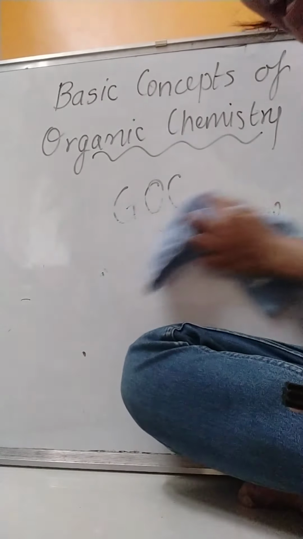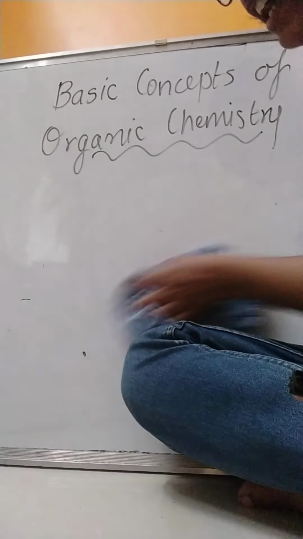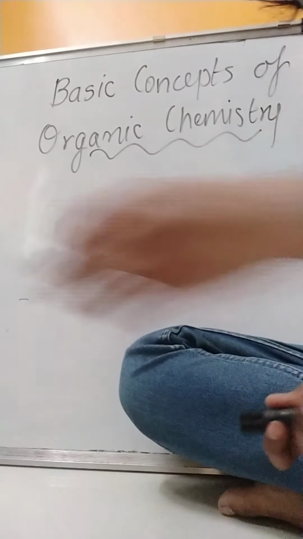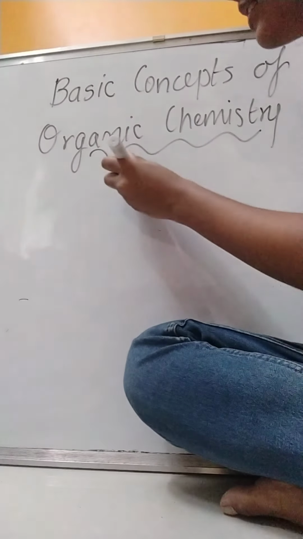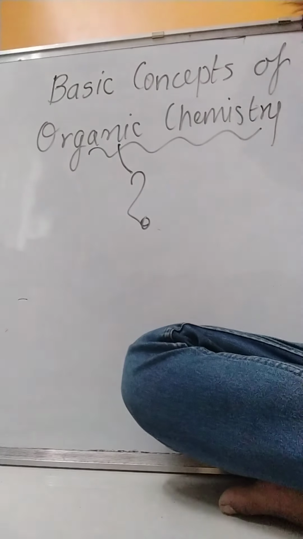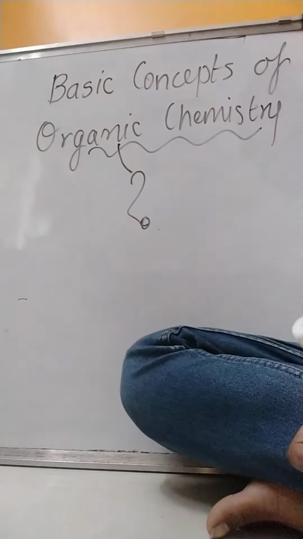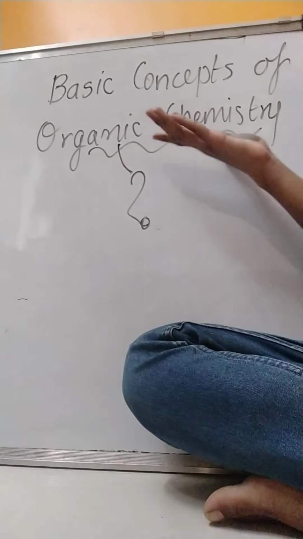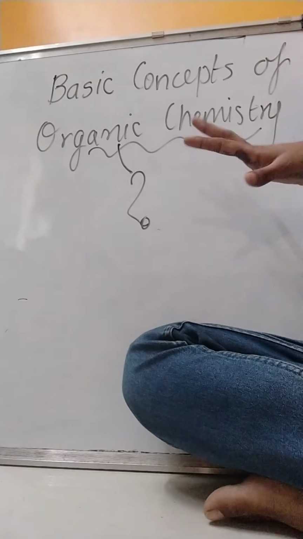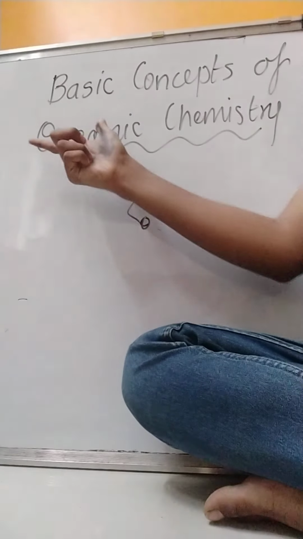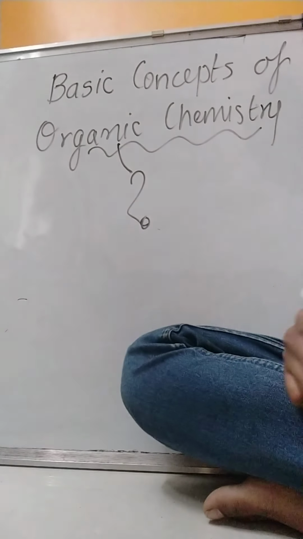So first of all, as it is basics, let us start with the very first question: what is organic chemistry? The definition has to be simple. It is the chemistry in which we are going to study organic compounds.